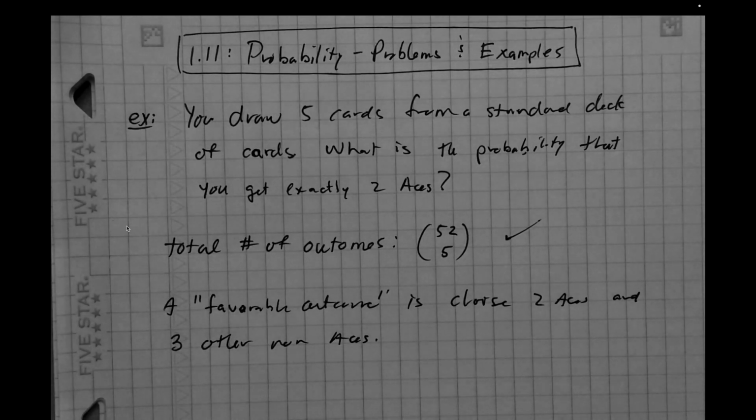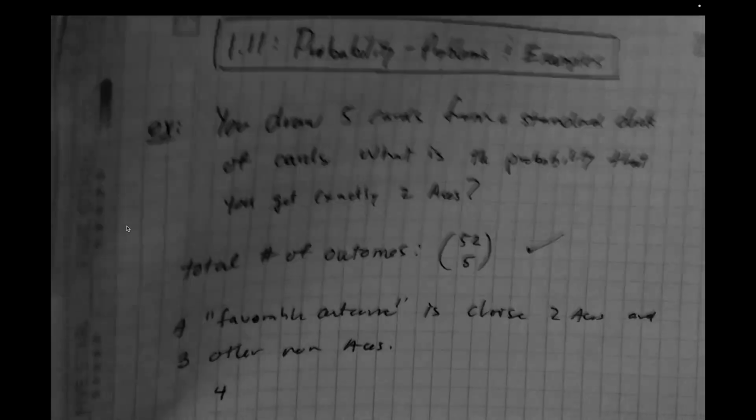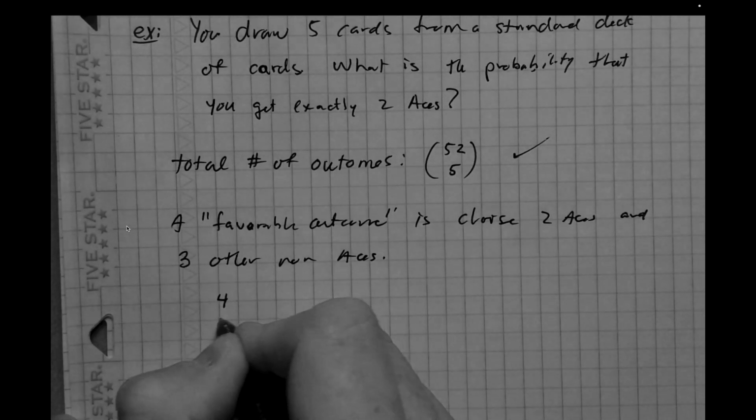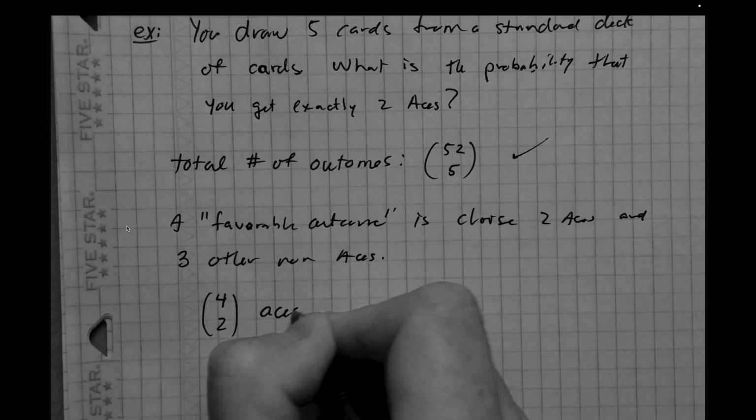How many ways are there to choose the aces? I've got 4 total aces, and I want 2 of them. So there's 4 choose 2 ways to get the aces. I could get an ace of hearts and an ace of diamonds, or an ace of clubs and an ace of hearts.